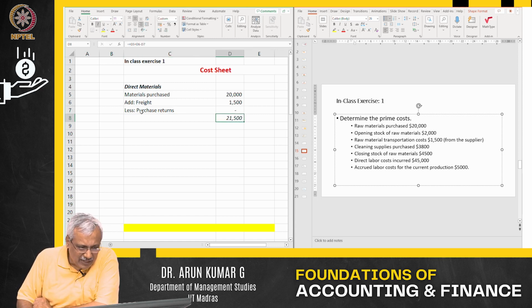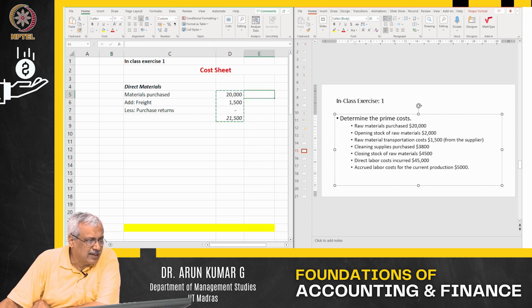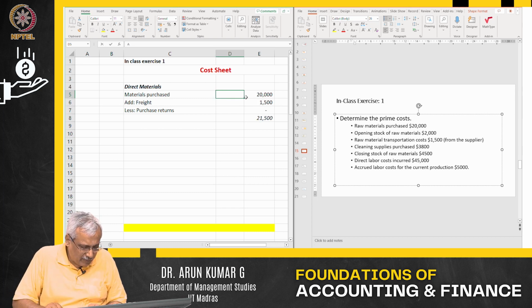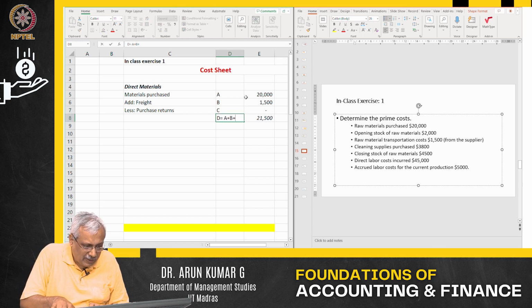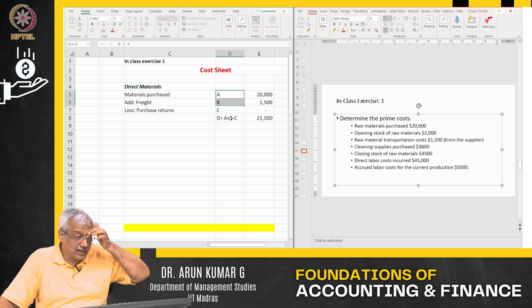So, this is what we will normally say. I am just going to move it by a column. I would term this as A, and this is B and this is C, and D is equal to A plus B minus C, and that is what I am going to term it here.